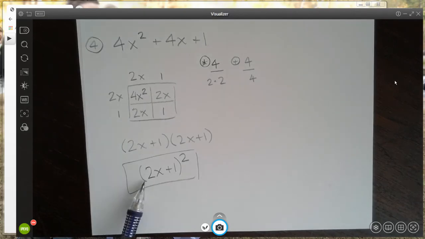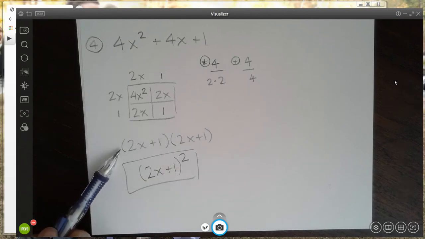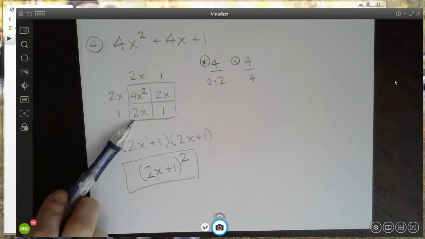So if for any reason you're given a multiplication problem that says something squared, that means I'm multiplying the same thing by itself, which means I'm dealing with a perfect square where the sides are exactly the same.